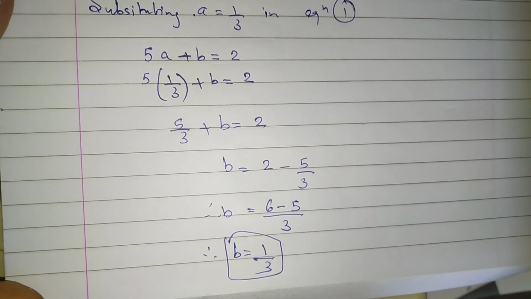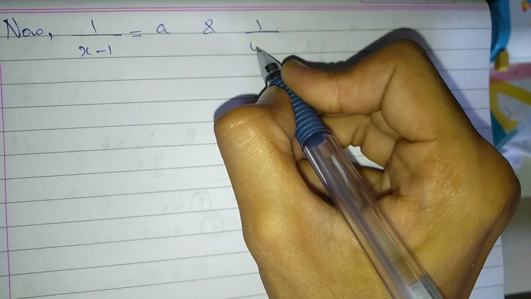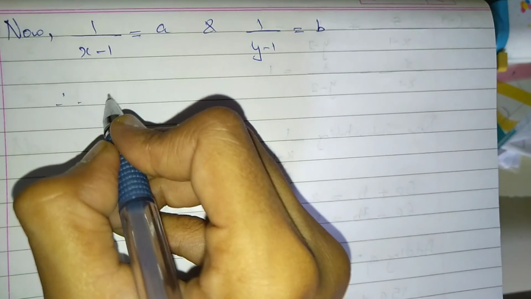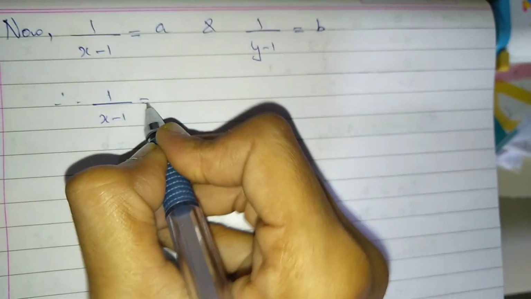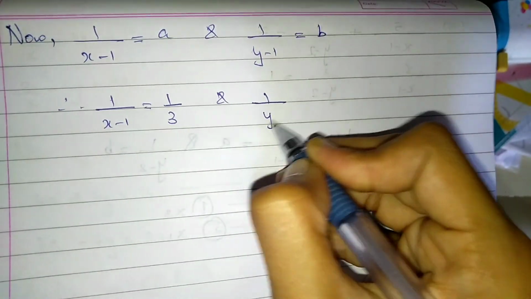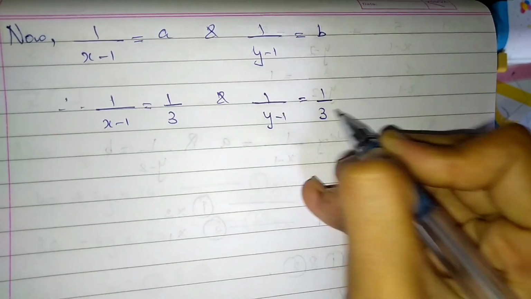Now we have to find out the value of x. First we had supposed that 1 upon x minus 1 equal to a and 1 upon y minus 2 equal to b. Now solve this. 1 upon x minus 1 is 1 upon 3 and 1 upon y minus 2 equal to 1 upon 3.